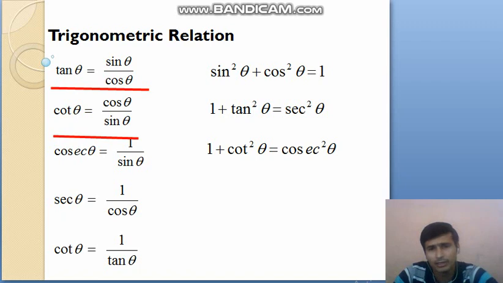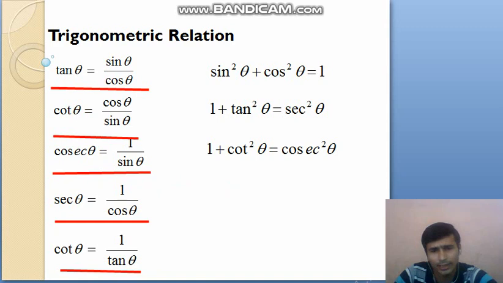Third formula, cosec theta is equal to the reciprocal of sin theta. The reciprocal of cos theta is sec theta, and the reciprocal of tan theta is cot theta. So 1 upon tan theta is equal to cot theta, right?